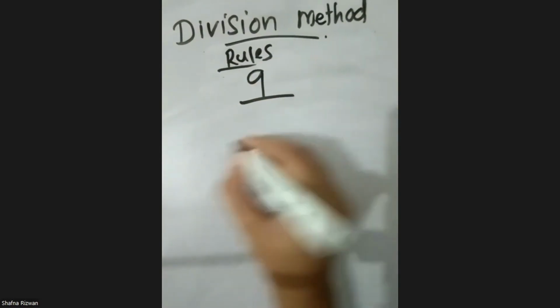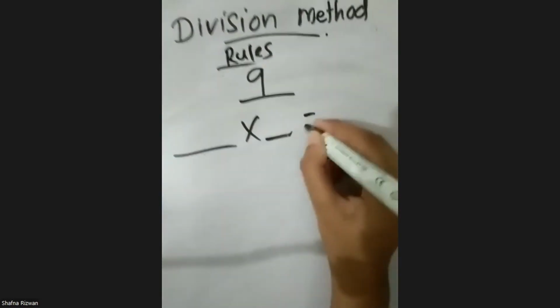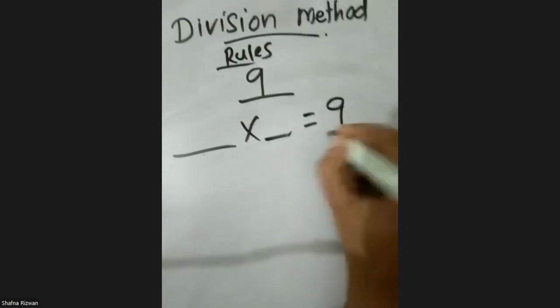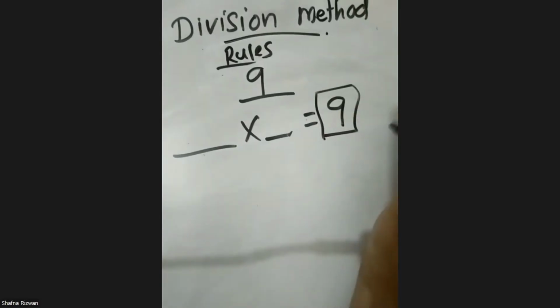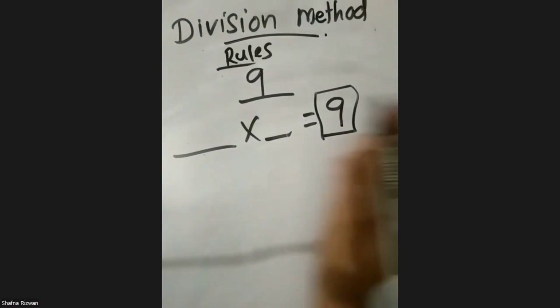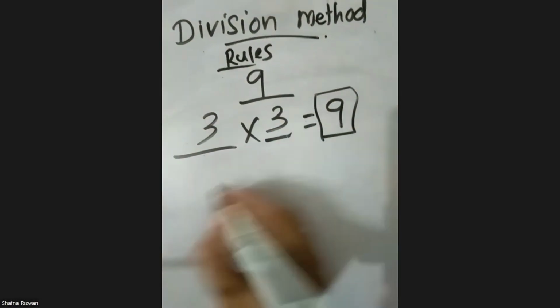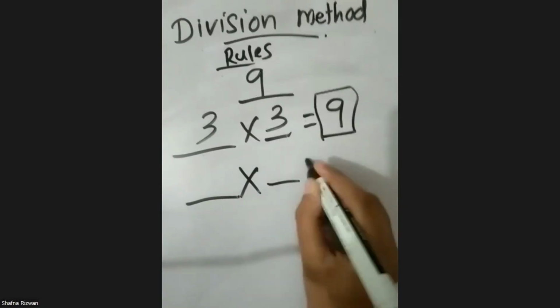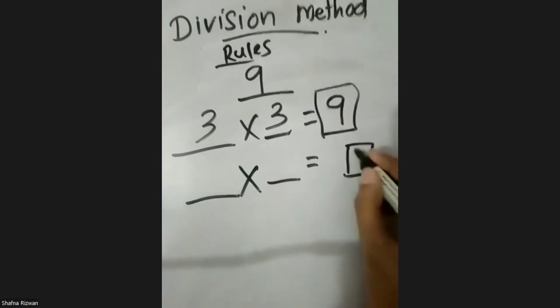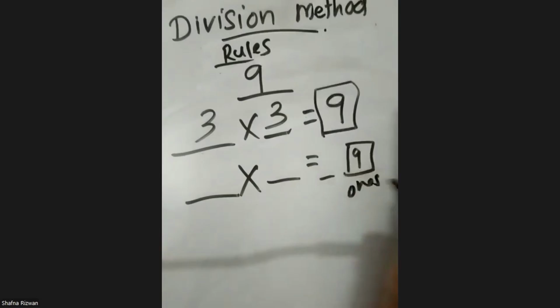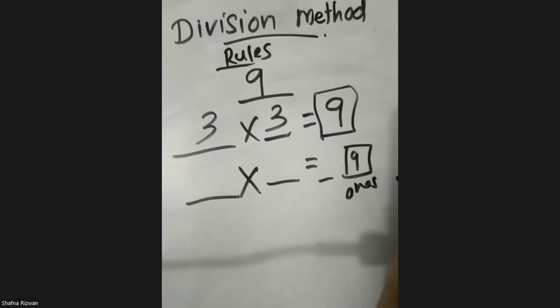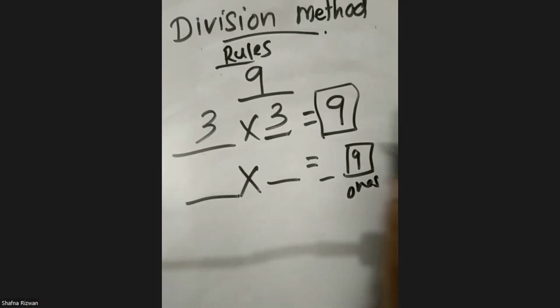Now let's go to 9. What are the two numbers you have to multiply to get 9 in your ones place? You already know one number. That is 3 multiplied by 3. Now say the other pair of numbers. You all know about squares, right? That is 49.